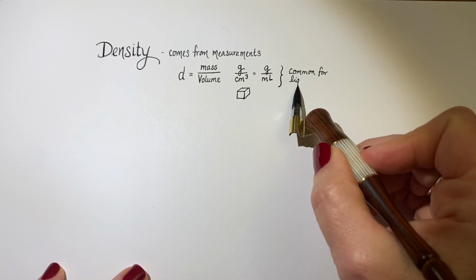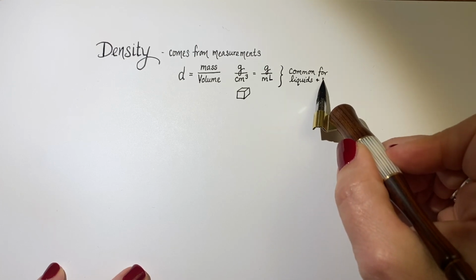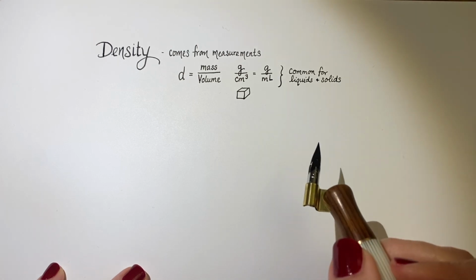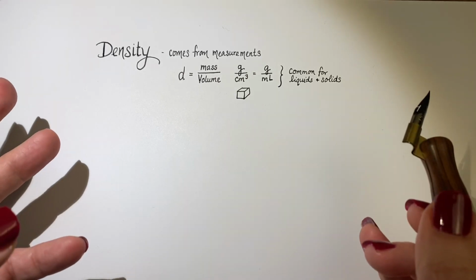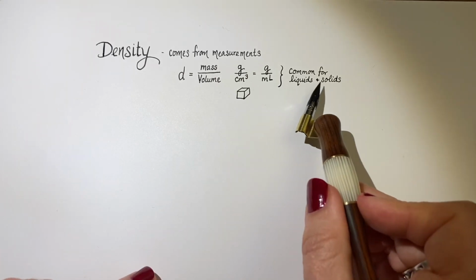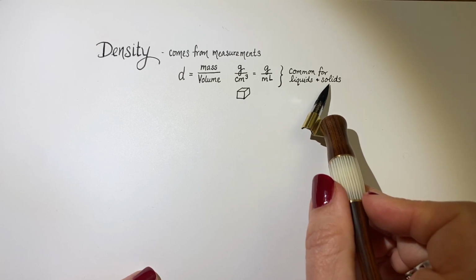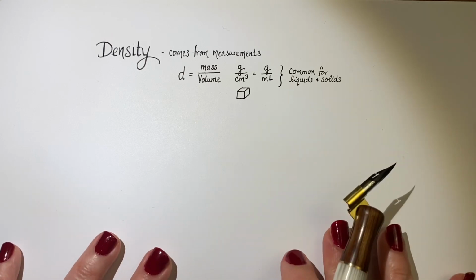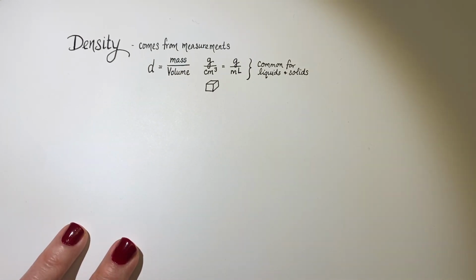The reason why these units are not common for gases is because gases are so spread out. Liquids and solids are what we call the condensed phases. They're very close together, relatively speaking. Whereas gas molecules can spread way out from one another.